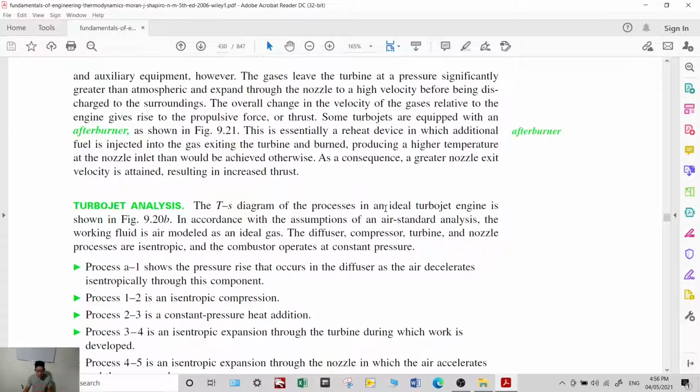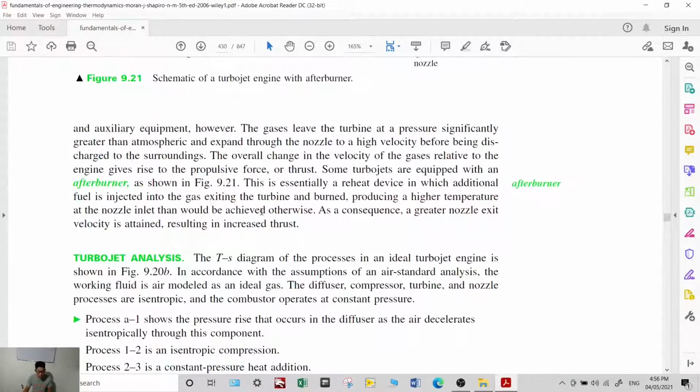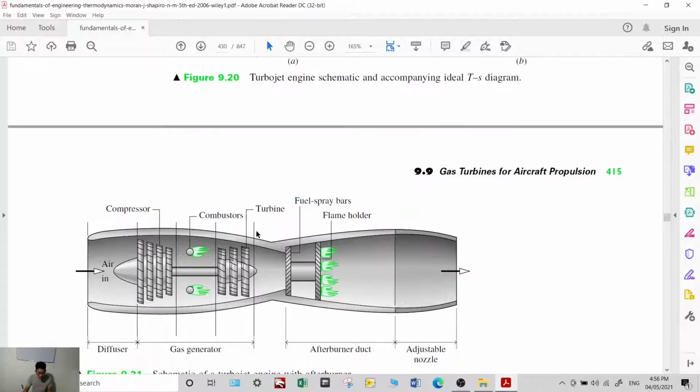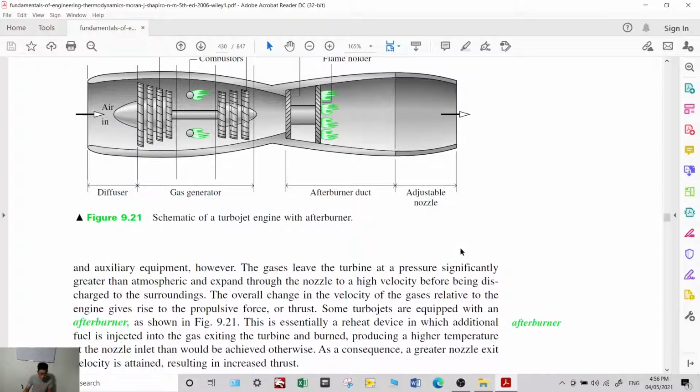Okay, so how do you analyze the turbojet engine? By the way, before we proceed with the analysis, there are also some aircraft that use an afterburner. So this is the turbojet engine with afterburner. So ang purpose ani is also to increase the energy sa imong gases diri.